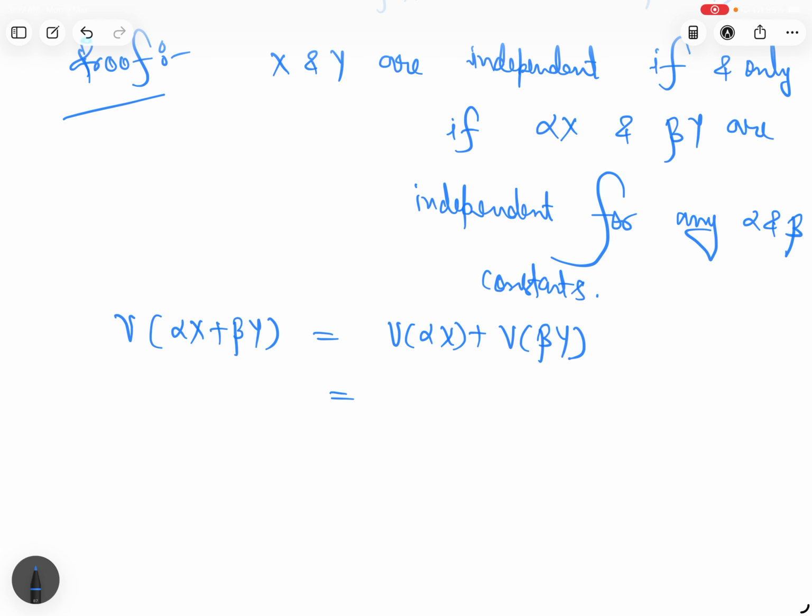So this will be alpha square Vx plus beta square variance of y. It is proved now. We have used the last property, because alpha x and beta y are independent, so we can write like that. And for variance of a constant times some random variable, the constant comes out as a square.